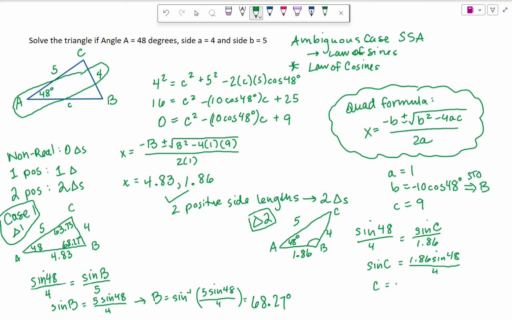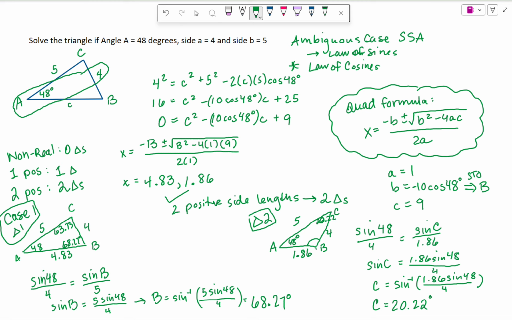So angle C is the inverse sine of 1.86 sine 48 divided by 4. So angle C is, I got 20.22 degrees. So notice that it is a different triangle than the other triangle.